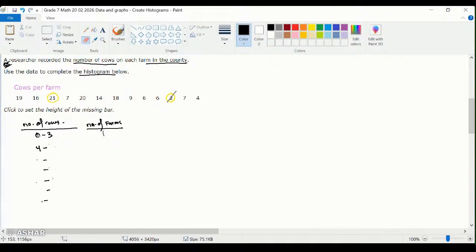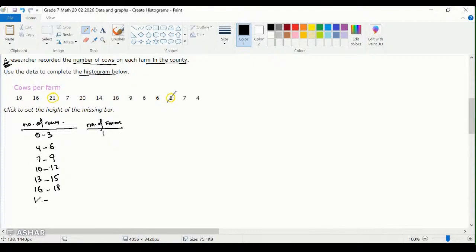4, 5, 6 would be 3 numbers. Then we have 7, 8, and 9. We have 10, 11, 12. Agreed? We have 13, 14, 15. Okay. 16, 17, 18.